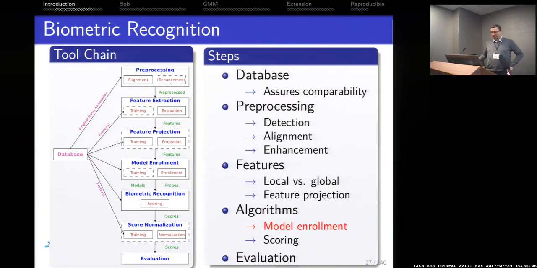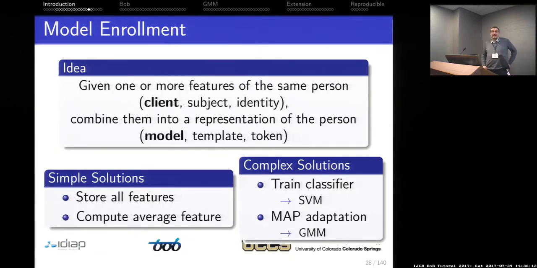Okay, now model enrollment. The idea of model enrollment is that given one or more samples from the same person, you want to combine them into a representation of the person.